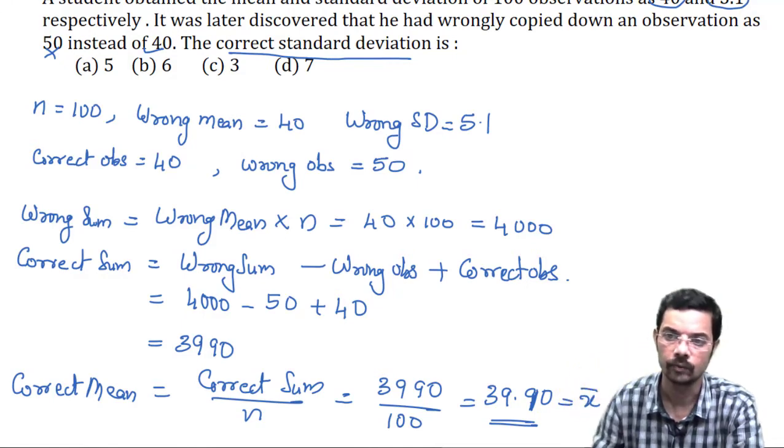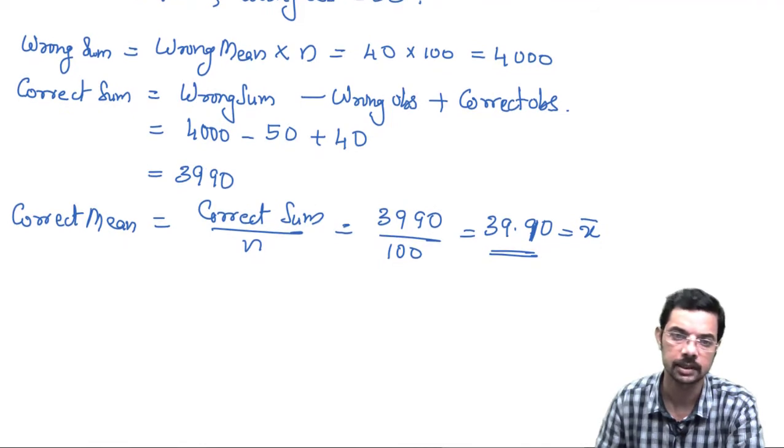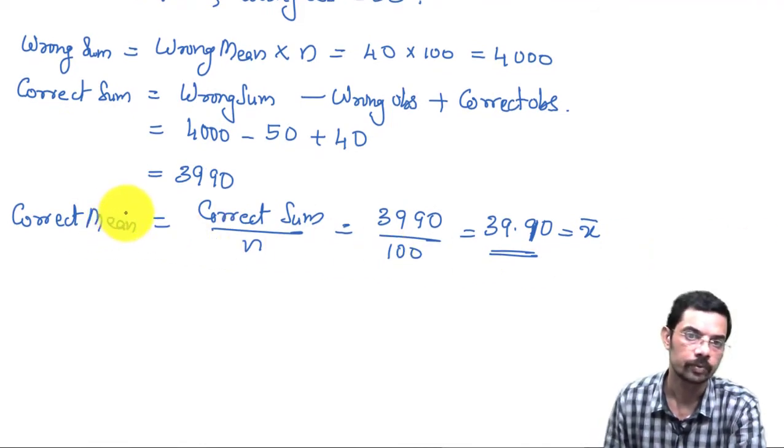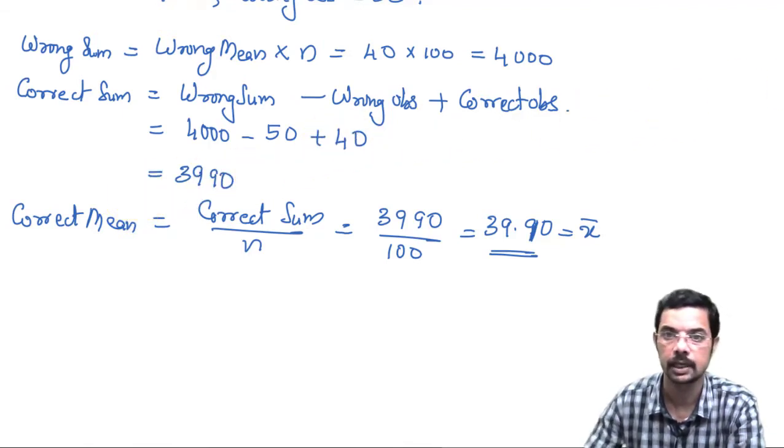Now we need to find out the corrected standard deviation. So to find the correct standard deviation, we need to correct many things. What is the formula to find the standard deviation?